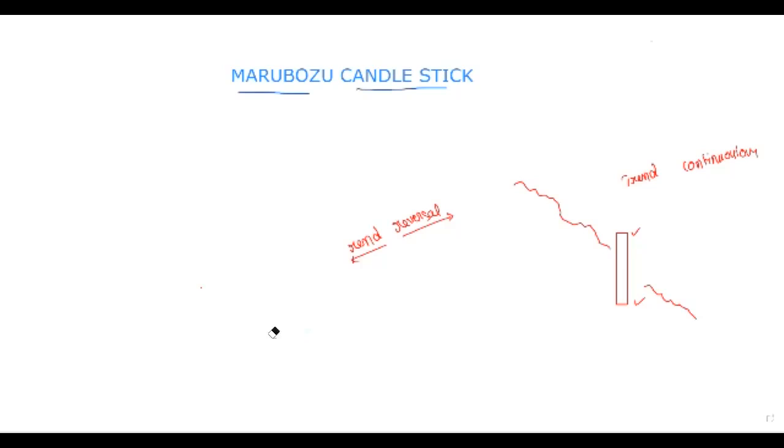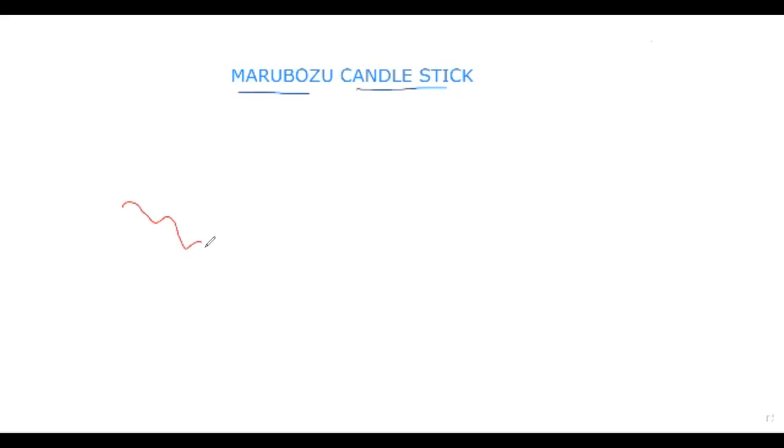In the same way, we will look into the bullish Marubozu. Suppose the trend of the stock is downwards, and in the trend a bullish Marubozu is formed like this. Then it indicates a trend reversal.